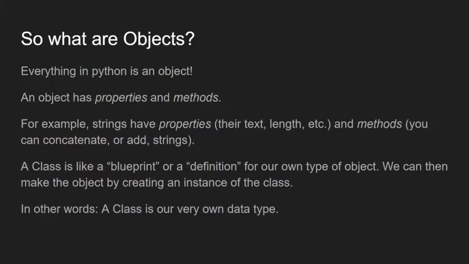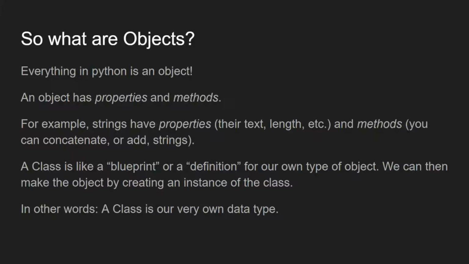A class is like a blueprint or a definition for our own type of object. While there are other kinds of objects already defined in Python, like numbers, strings, lists, dictionaries, we can create our own definition for our own kind of object. In other words, a class is our very own data type, and we can create instances of this class to use it. An analogy would be 5.